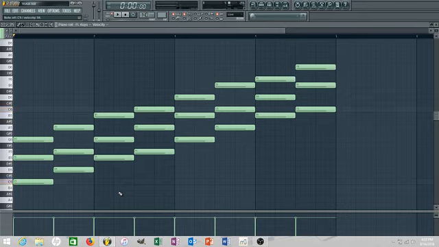Same note, different register. Right? So, when we talk about these, we can refer to them as the 1 chord, the 2 chord, here, let me play it as I say it. The 1 chord, the 2 chord, the 3 chord, the 4 chord, 5 chord, 6 chord, 7 chord, 1 chord.